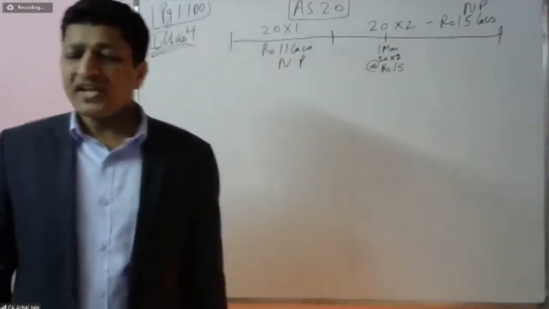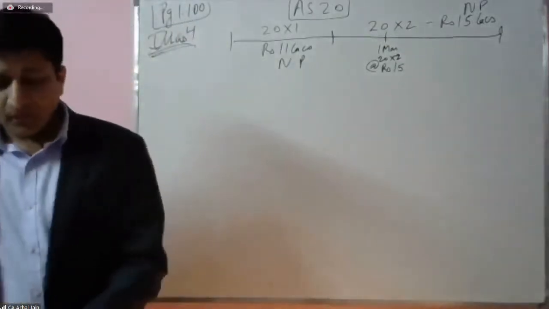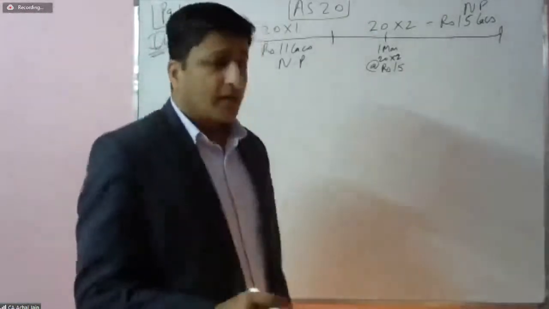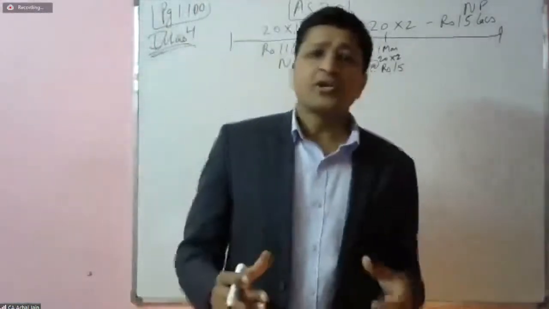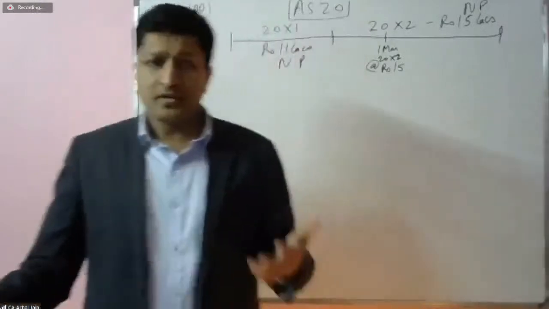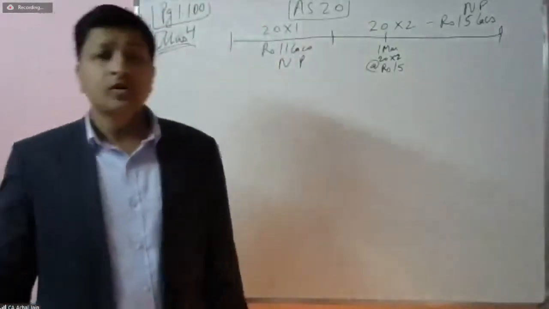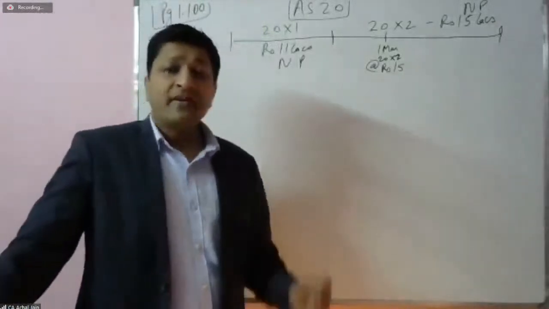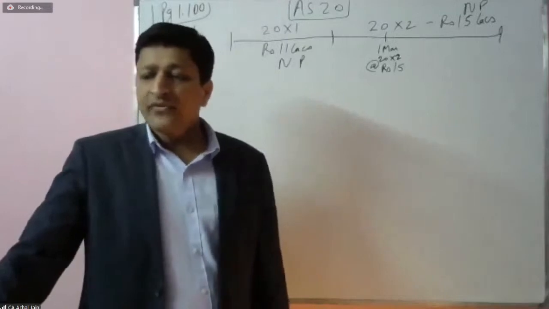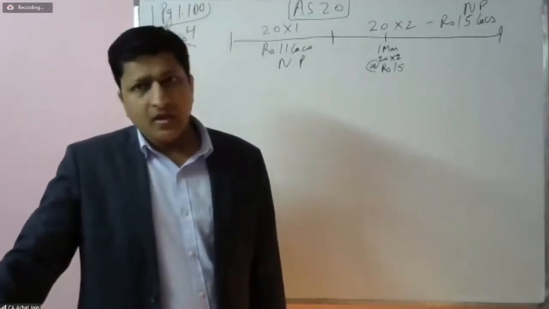Okay, in this case, the first thing required is the computation of the proportion which will be used for computing the weighted average. For that proportion, what do we need? Theoretical ex-right fair value per share. Correct?